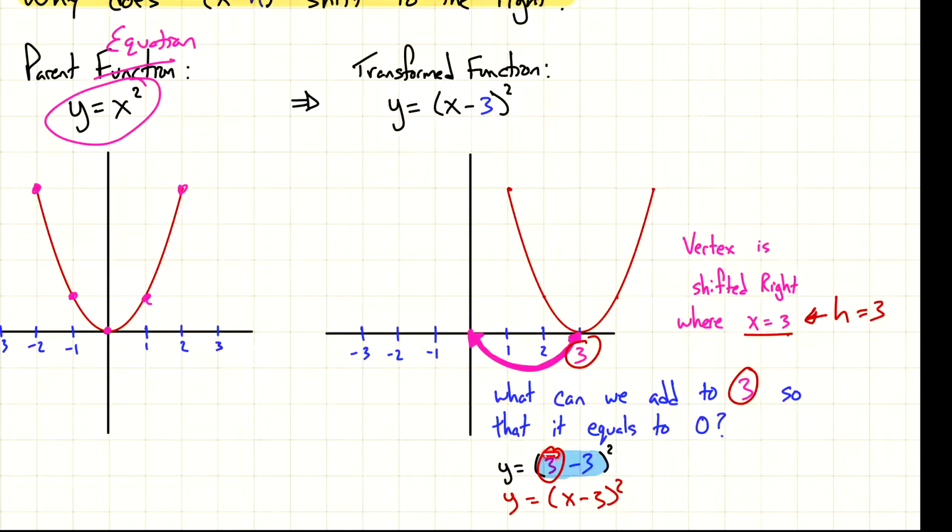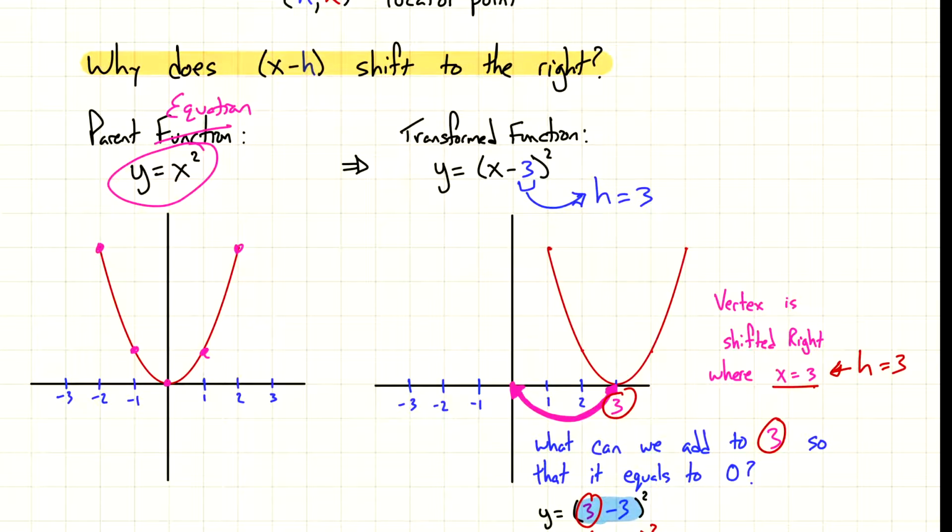It's letting us know that if this is 3, then that's our h value. What can I plug in to give me 0? That must be minus 3. So this is always going to be a minus. We talked about this. So this 3, we're looking at as being our h value. So this is going to be h equal to 3.